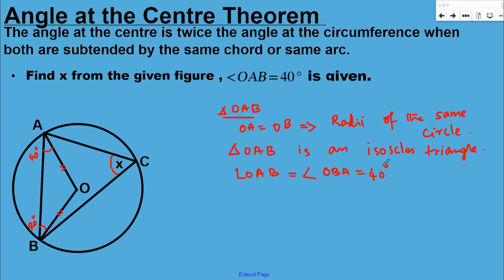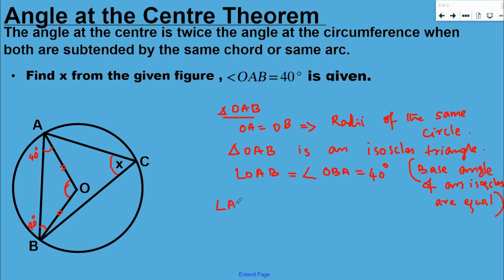We can write the reason: base angles of an isosceles triangle are equal. Now we can find angle AOB.